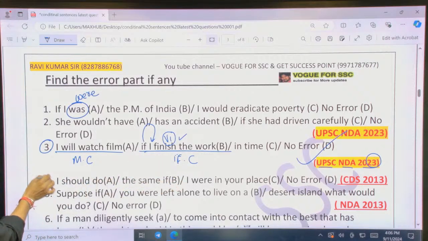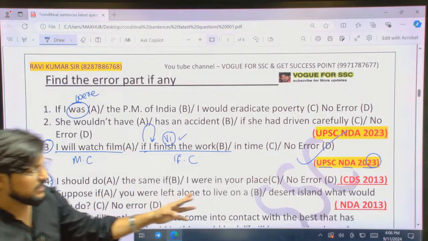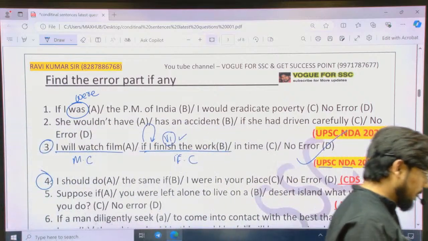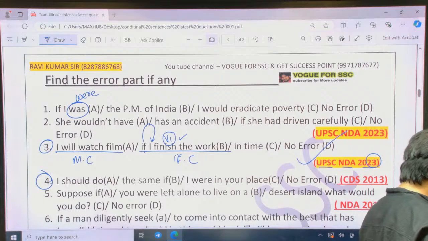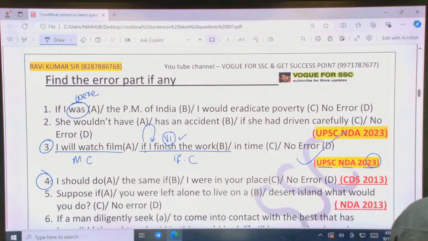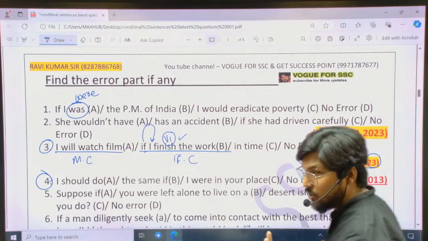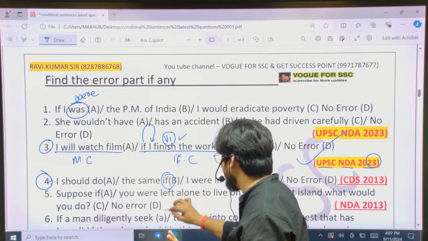Question number 4. CDS 2013. Very good, Mr. Prime Minister. I should do the same if I were in your shoes. Tell me. Now come to the point. Rule number 3. If is here.